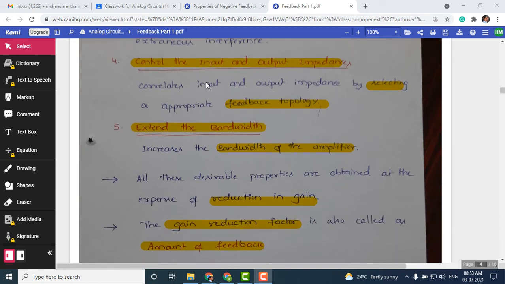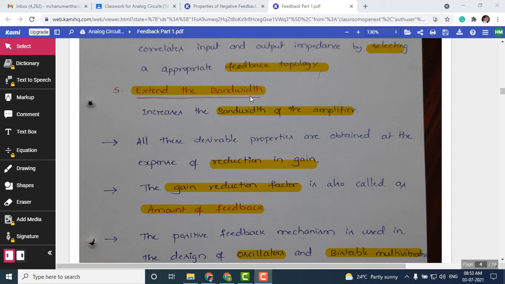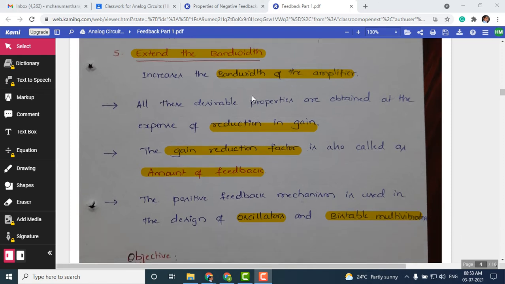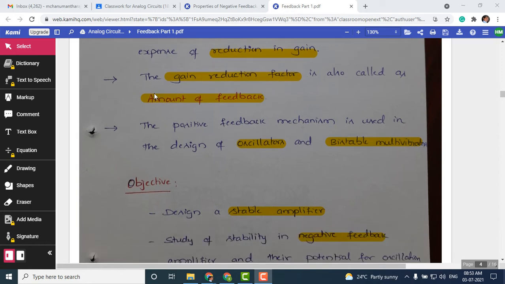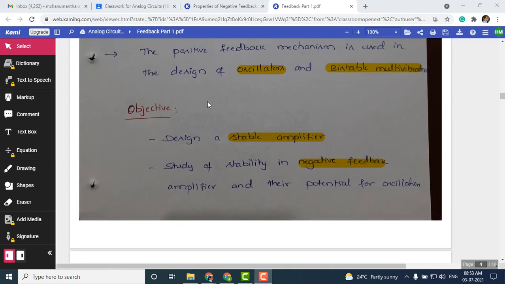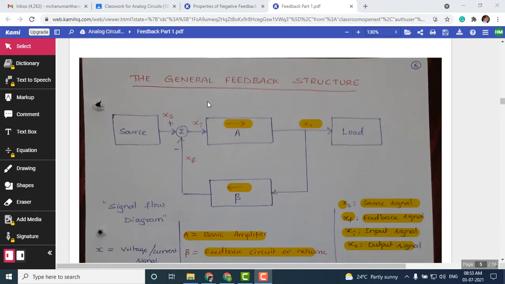We can have good control over input and output impedances with reference to the amplifier, and there is also an extended bandwidth in a negative feedback amplifier. All these things we obtain at the cost of a reduction in the gain. The gain reduction factor is also called by another terminology, the amount of feedback. So these are the few things that we discussed in the last class.